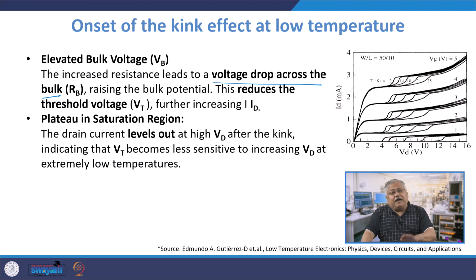But because of carrier freeze out, the bulk resistance RB is large, therefore I times RB increases, the bulk potential increases, and that results in a reduction in the threshold voltage, which further increases the current. So it is basically a dynamic process which plays out at very low temperature. Now, after a certain drain voltage, the kink effect tends to merge out, which means that even if there is a kink, the overall current increases, but the total current still remains the same at larger gate voltages, and that is what you see here.